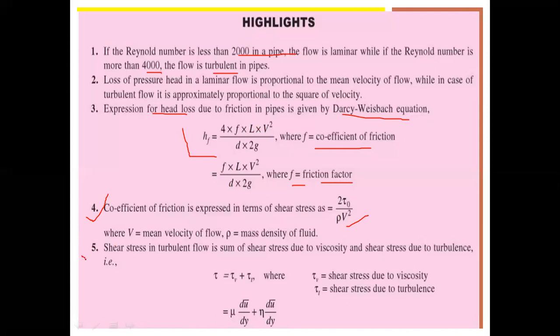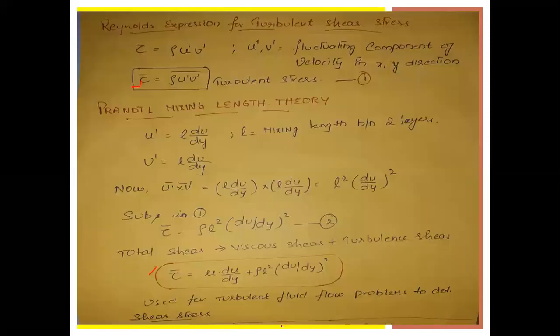Next, shear stress in a turbulent flow is the sum of shear stress due to viscosity and shear stress due to turbulence, that is tau is equal to tau V plus tau T, where tau V is the shear stress due to viscosity and tau T is the shear stress due to turbulence.